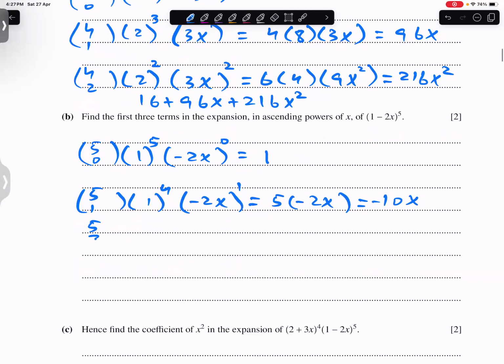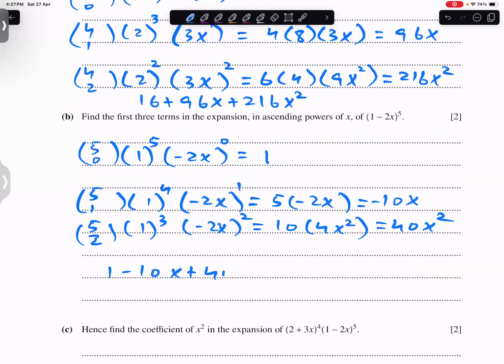Then 5c2, 1 raised to power 3 and minus 2x raised to power 2. So 5c2 is 10. This will be 4x square. So 40x square. So 1 minus 10x plus 40x square. These are the first 3 terms of this expansion.